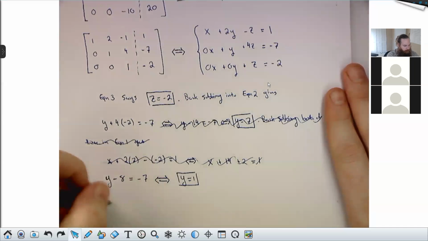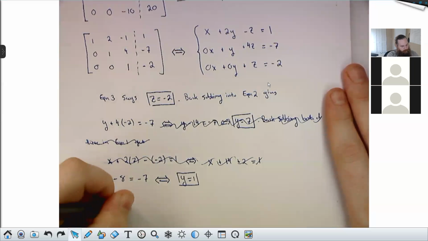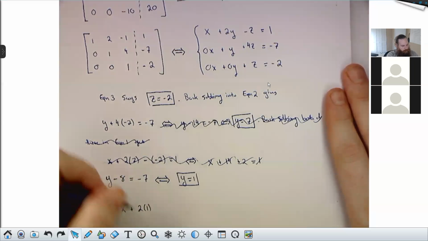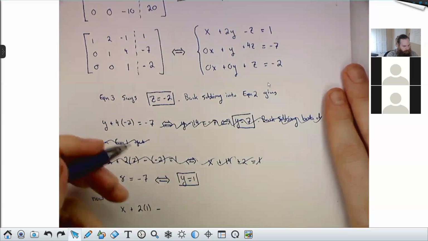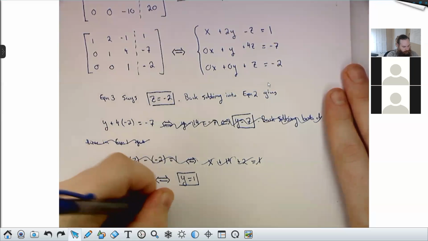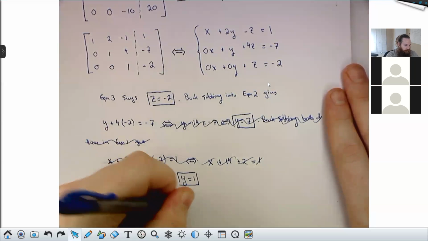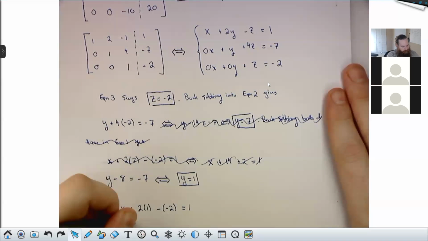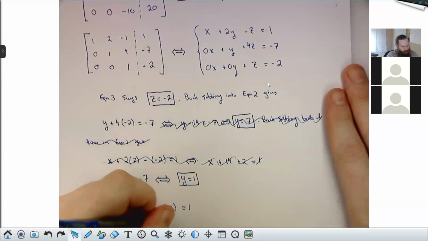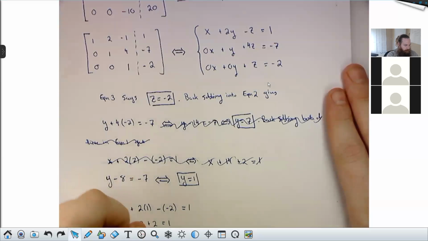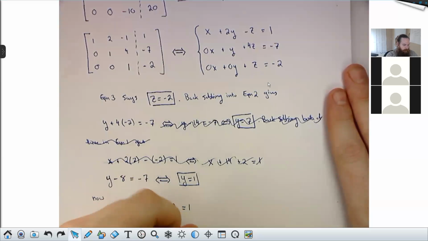Now putting this back into equation 1, we get x plus 2 times 1 minus, what was z, -2, equals 1, which means x plus 2 plus 2 equals 1. So x plus 4 equals 1, which means x is -3.